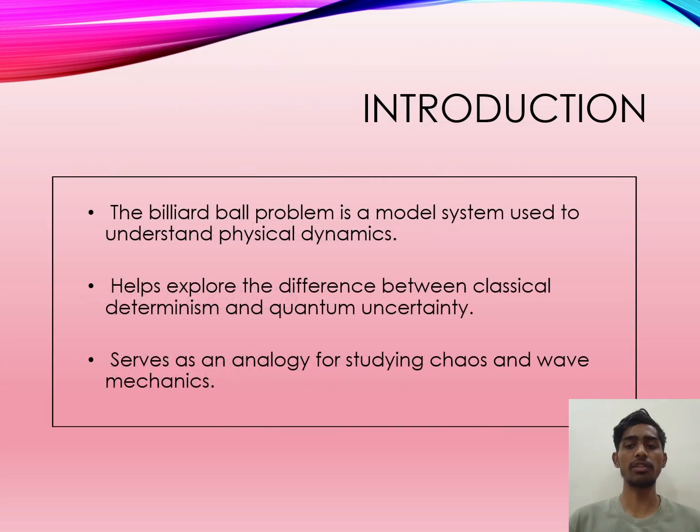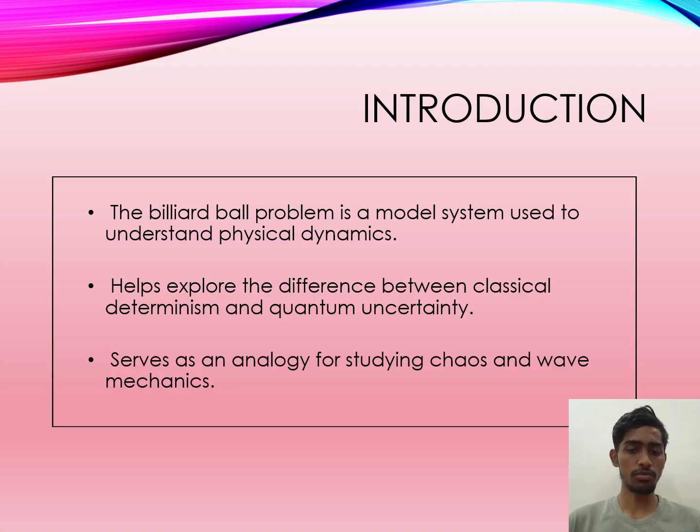First, the introduction. The billiard problem is a model system used to understand physical dynamics. It is nothing but finding the probability of moving a particle from one position to another, in which we will use some complex numbers or some real numbers.